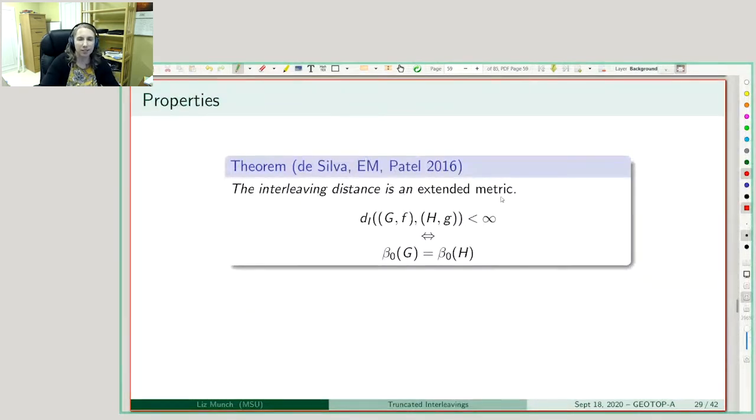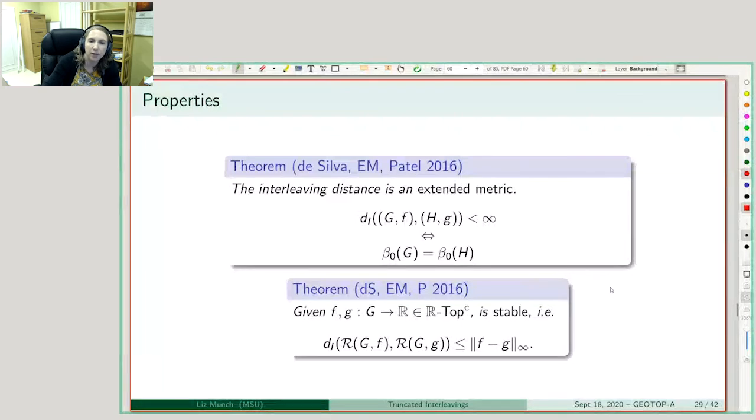All right, so this has some nice properties that I'm going to make use of in a moment. The interleaving distance is an extended metric, meaning that the extended part means that it can take infinite values, but it only takes them if you have different numbers of connected components on your original starting graphs.